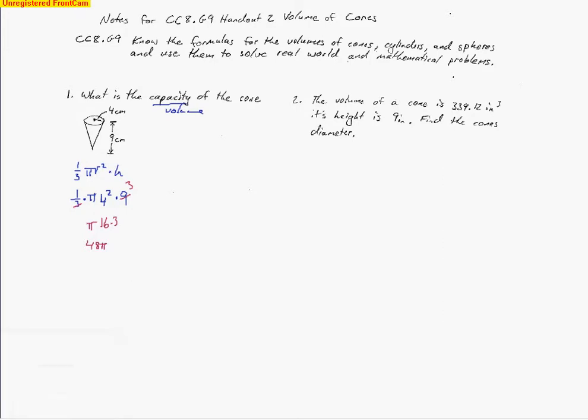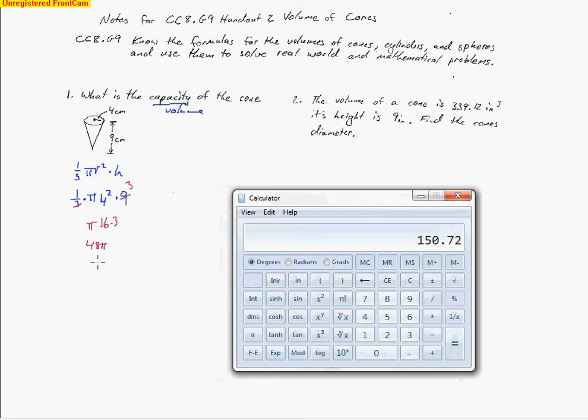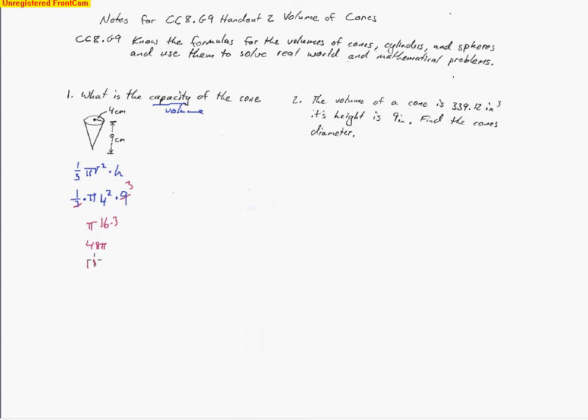So let's find that real quick. So we'll just plug in 48 times 3.14, and we'll see what the answer is. 150 and 72 hundredths. And so if I was to round that to the nearest square inch, that would end up being right here.